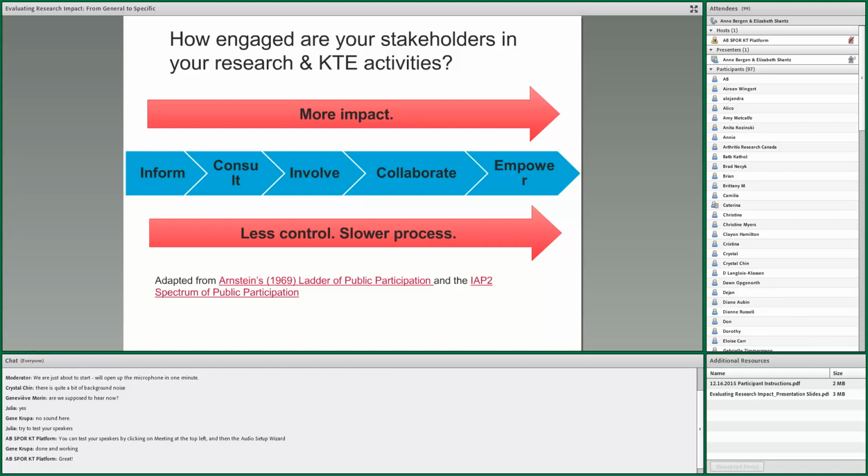Ideally, we're going to have some sort of end user or stakeholder involvement throughout the research and KT process so that we can stay on track and create materials that people want to use and pay attention to, and want to use in their own lives and practice. But the extent to which this looks like collaboration versus consulting really depends on your organizational context and how much time you have. The more you collaborate, the slower it is, but it's more impactful.